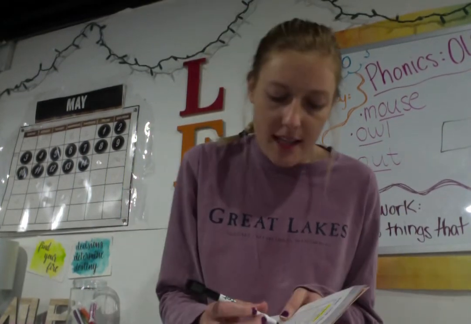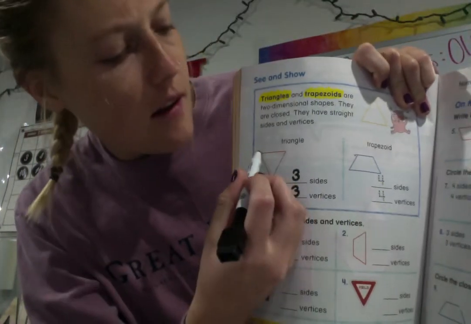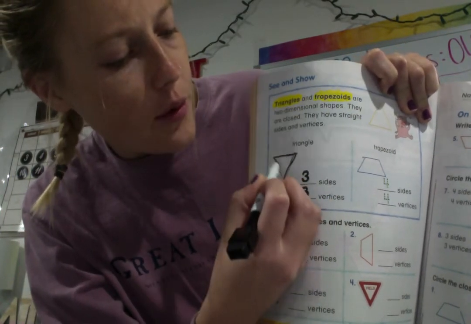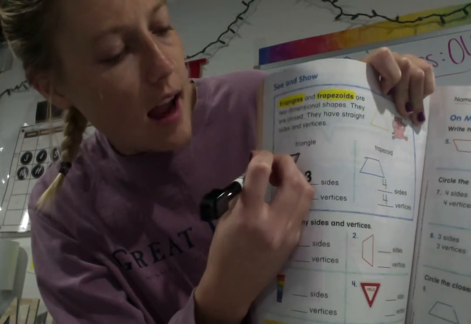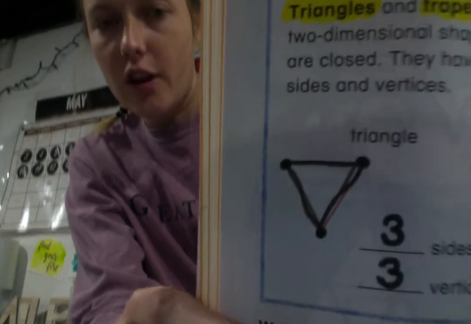Yeah, it has 3 sides and it has 3 vertices. If you look at this triangle, it has 1, 2, 3 sides and 1, 2, 3 vertices. 3 and 3.